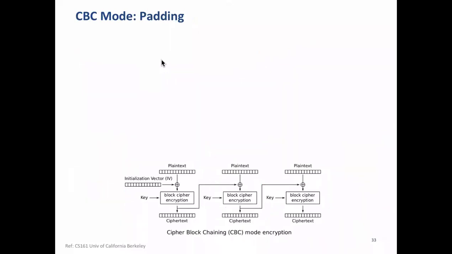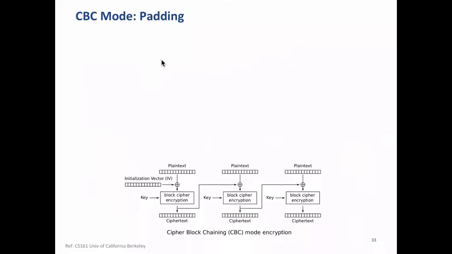Now we are not going to go into the padding scheme because you would have studied that in networking. A similar problem is solved in networking, right? How do you pad a message? How do you do it in TCP, for example, or an IP packet? Or at the data link layer, right? So there are a number of ways to do that. One way is, of course, to define the message length.